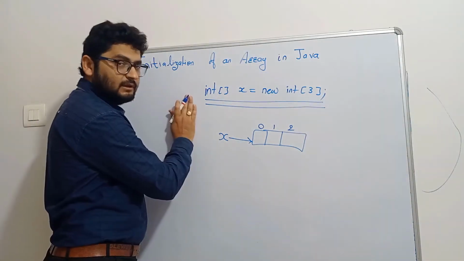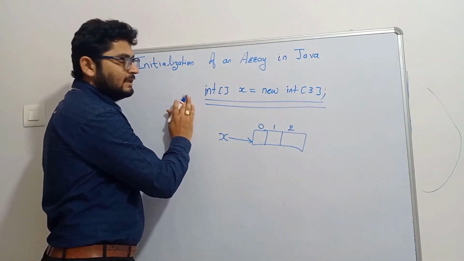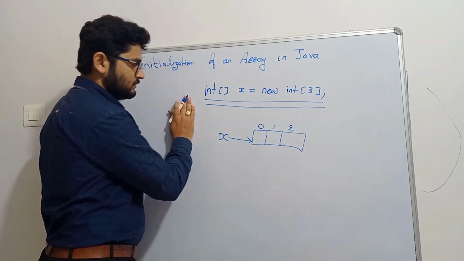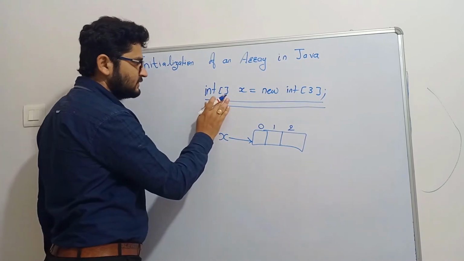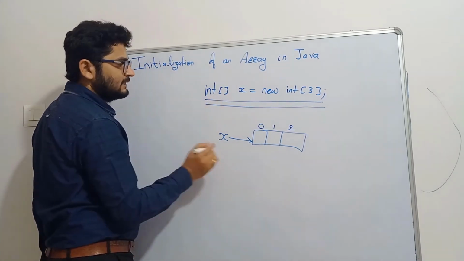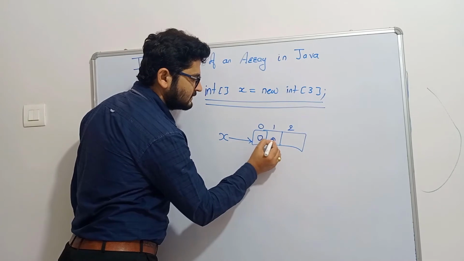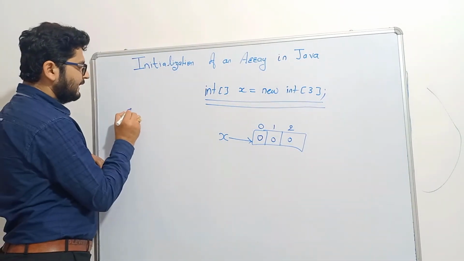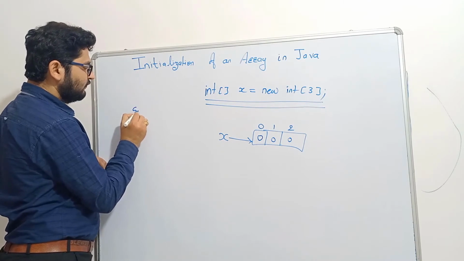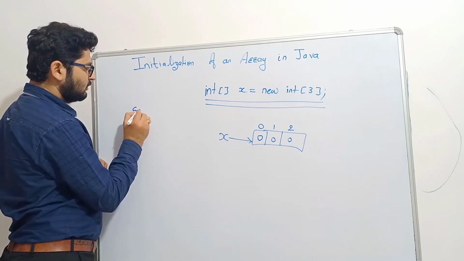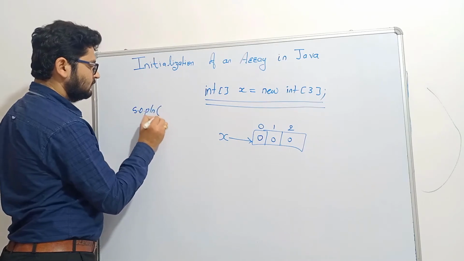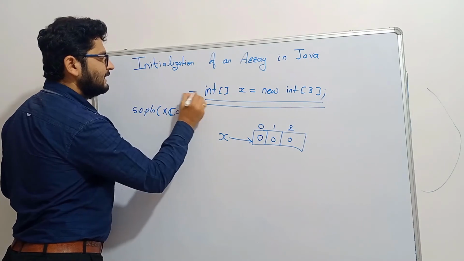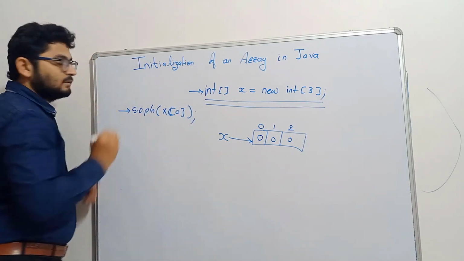Now whenever an array is created in Java, it is initialized with the default values. Now here this x is a single-dimensional array of integers, that's why the default values of x are nothing but 0, 0, 0. Now let us suppose I am printing the value of x of 0: System.out.println(x[0]). So after creating this array, I am printing this statement.